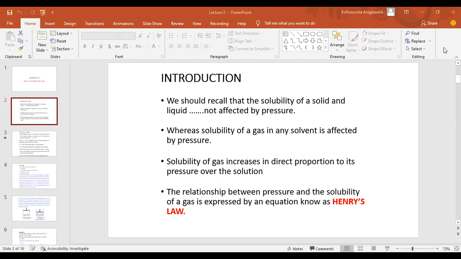However, the solubility of a gas in any solvent is affected by pressure. And we understand from Henry's law that the solubility of gas increases in direct proportion to its pressure over the solution.